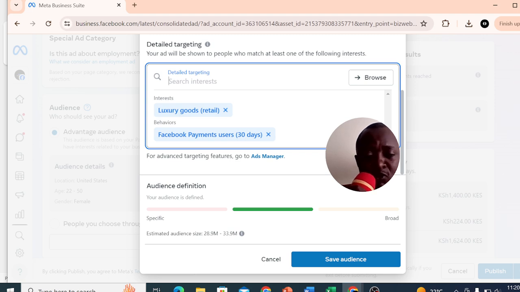So I want us to move to the last thing that you need to do in order to find these people who can buy your product or service.